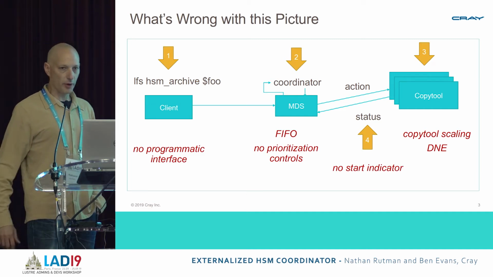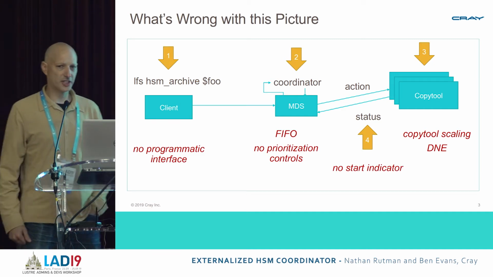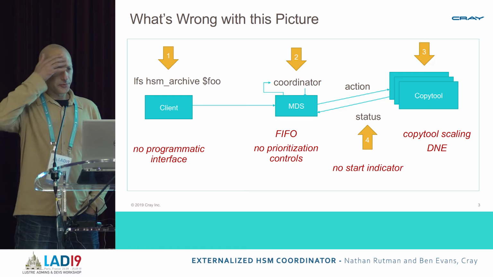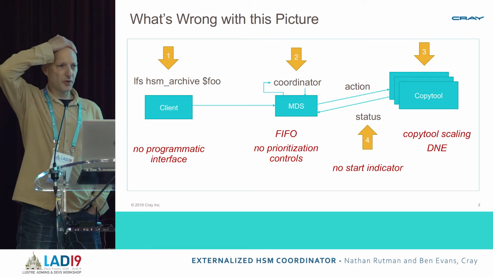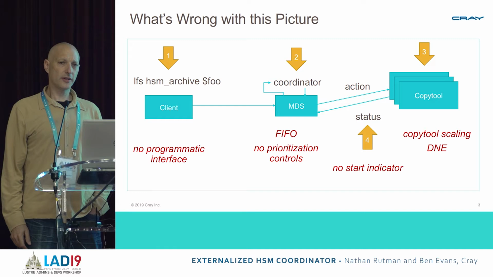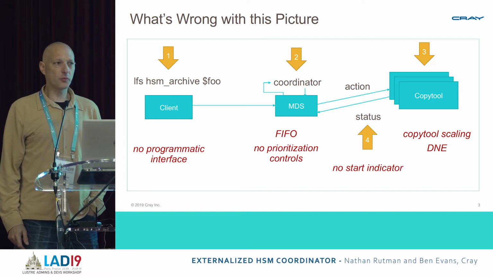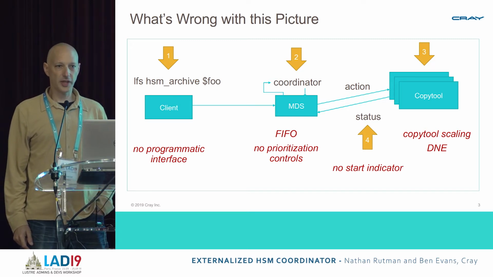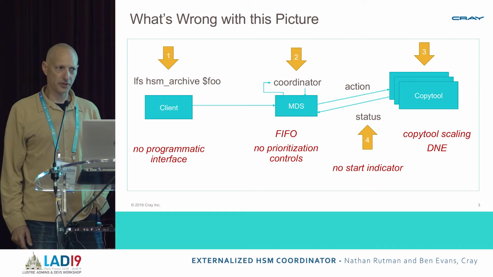So what are the problems with that? It turns out there are actually lots of them. The first is just even with issuing the command in the first place, LFS HSM archive. There's no way to actually issue that command from, for example, Robinhood.